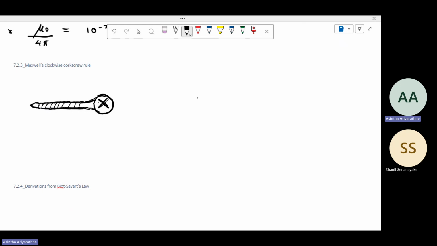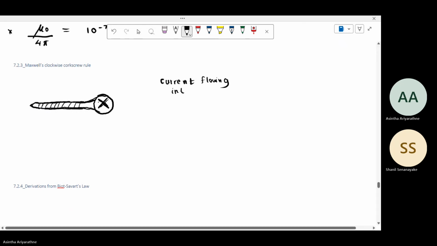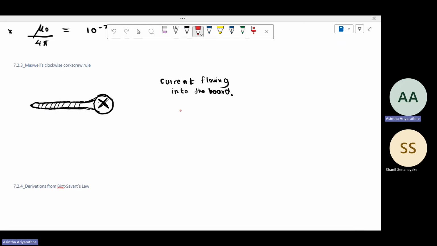Let's say the current is flowing into the board. Then you have to insert the screw towards the current, which means you have to rotate the screw in a clockwise manner.